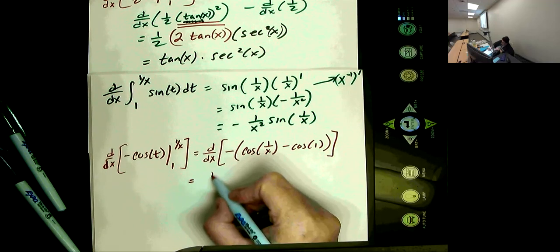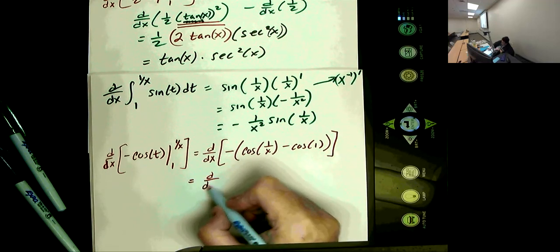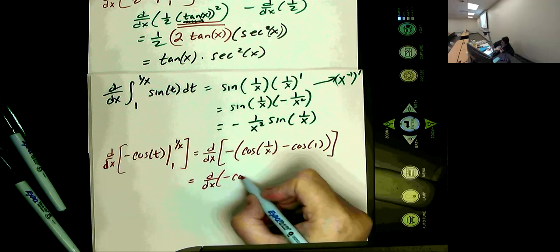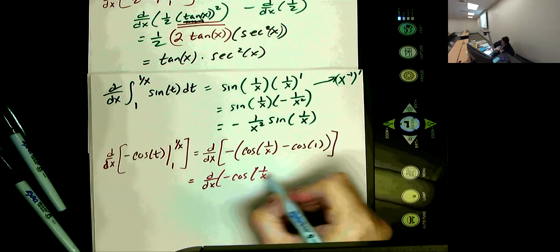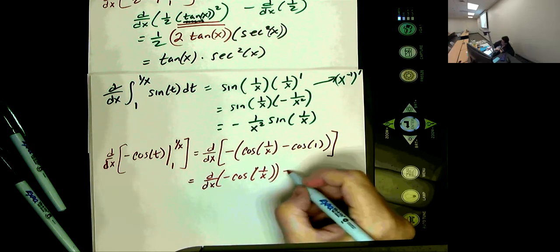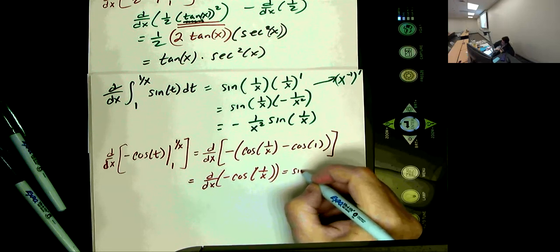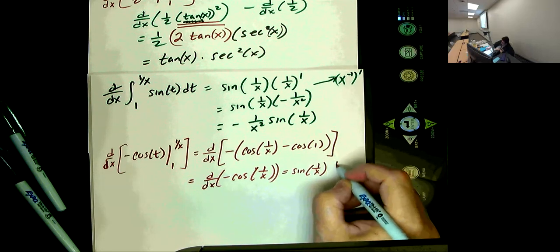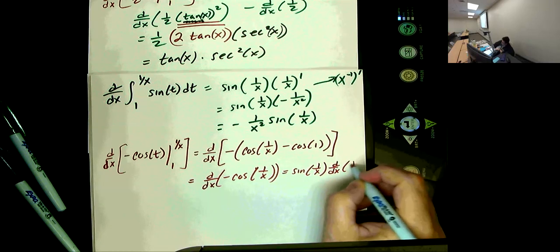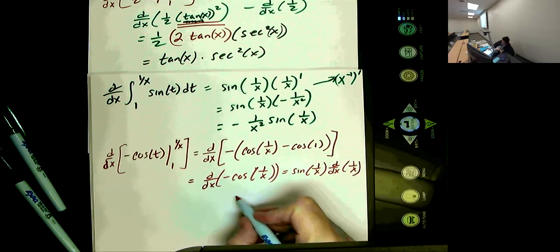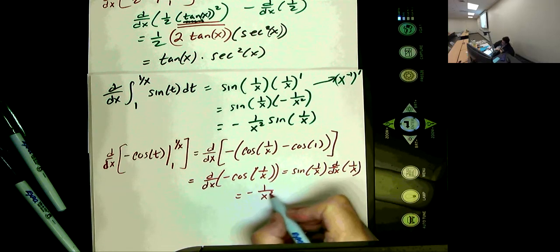So we're looking at the derivative. The only one that's left after you take the derivative of cosine of 1 is that, which is sine of 1 over x times d/dx of 1 over x. And you'll get the negative 1 over x squared sine of 1 over x.